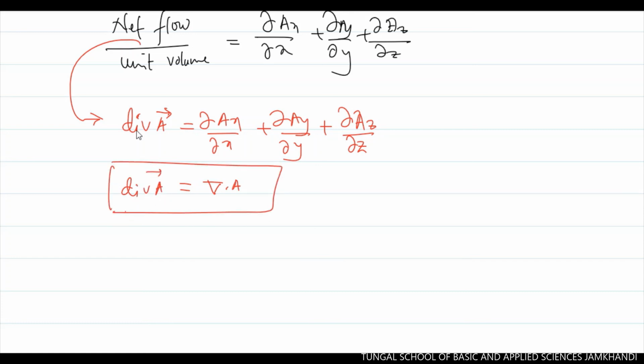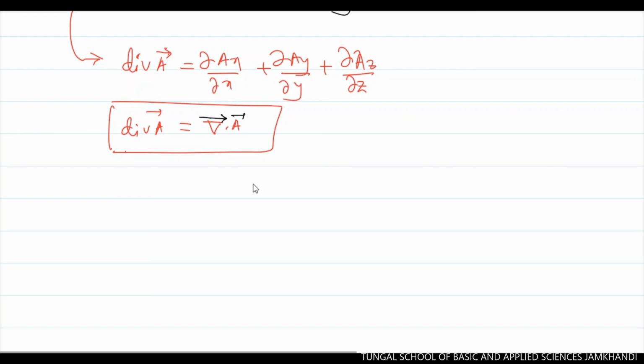So here both vector A and this differential operator are vector quantities. So this is the divergence of a vector in the case of Cartesian coordinates, that is given by del dot A vector. Both are vectors. If you take the dot product of those, that is nothing but the divergence, given by dou Ax divided by dou x plus dou Ay divided by dou y plus dou Az divided by dou z.